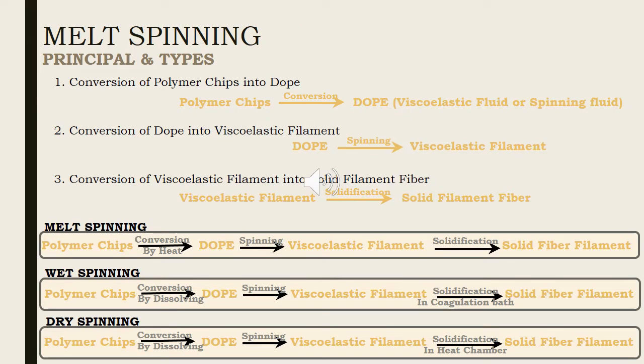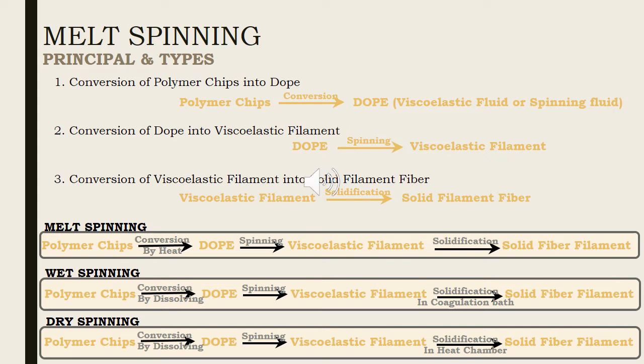The spinning process to form polyester fiber is a three-stage process. In the first stage, polymer chips are converted to DOP either by heat or by dissolving in some solvent. Polymer chips is a solid produced from polymerization. In the second stage, DOP fluid is extruded through a spinneret and then converted to viscoelastic filament.